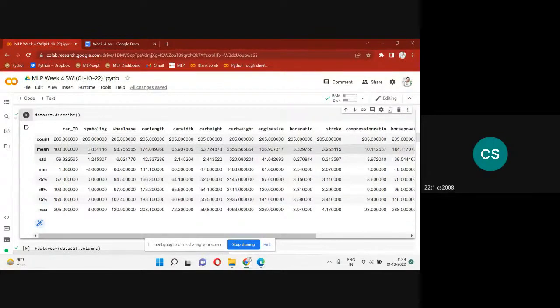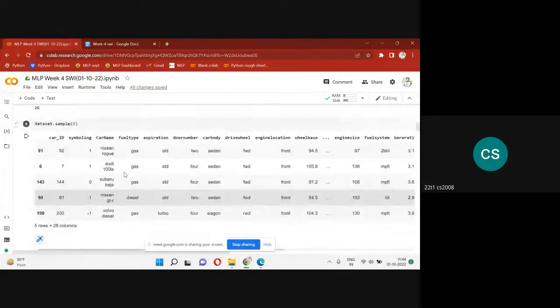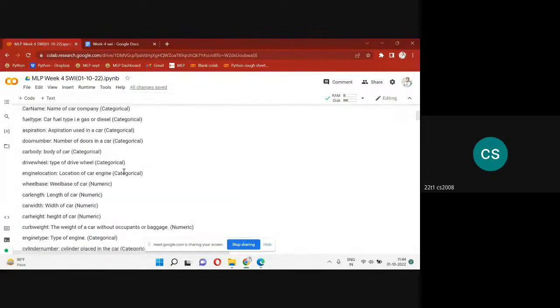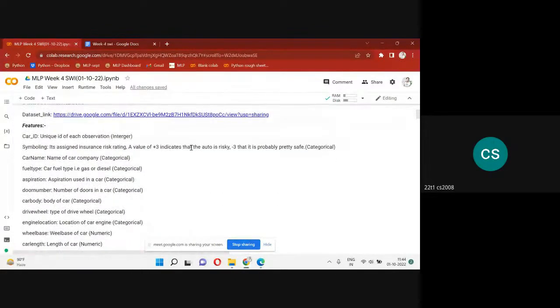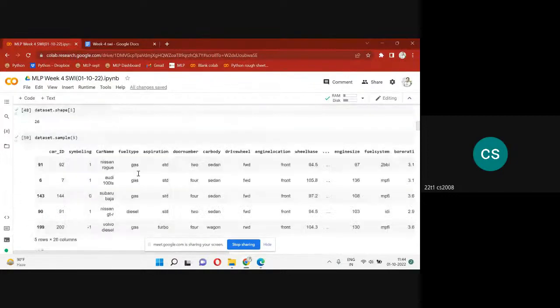Can I comment? I'm commenting that because the document says that +3 means the auto is risky, and -3 that it is probably pretty safe. So based on that I'm commenting it.